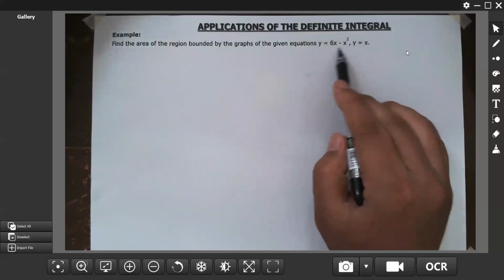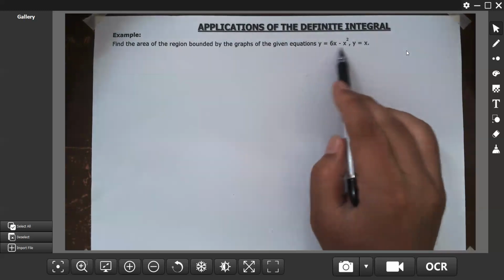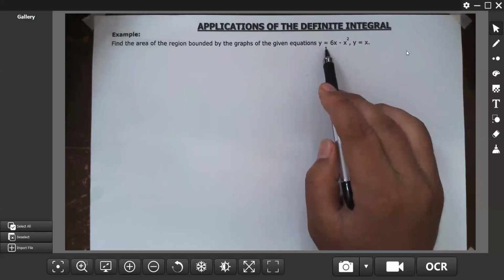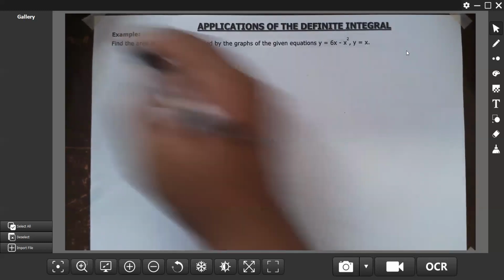plot the function. Sketch the graph. This one is a parabola. So, to better sketch this one, it would be better to transform this one to standard form.